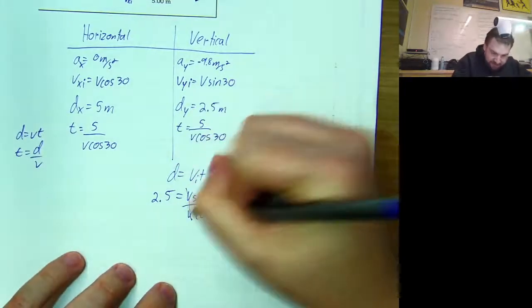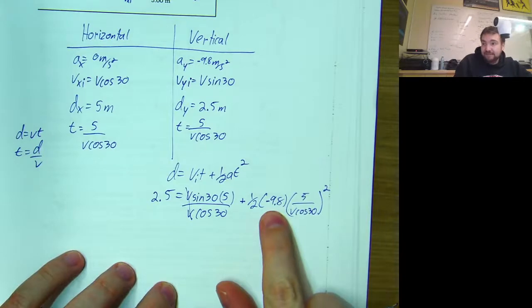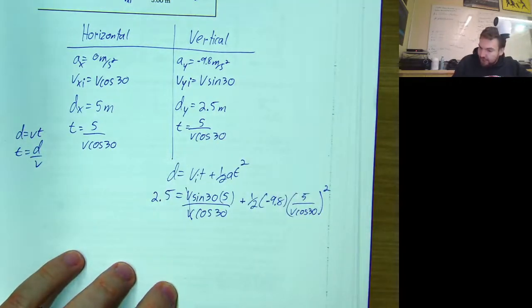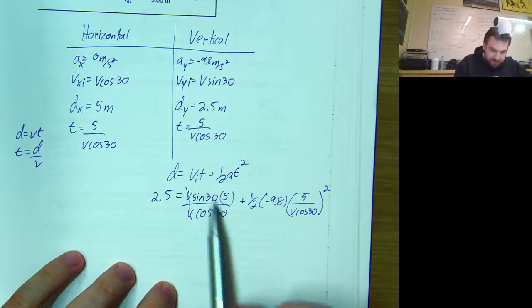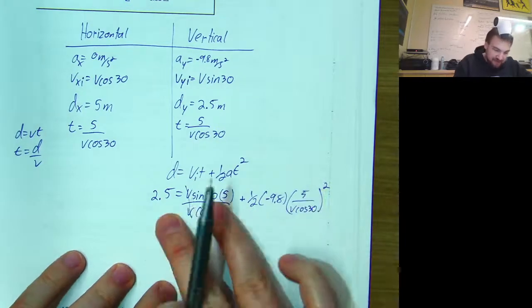My velocities here are going to cancel first. That's nice. And we're going to start to move stuff over right away. Actually, no, I'm not going to move it over. I'm going to move just this part over because we're solving for V, and the only term that has a V is here. So this is going to stay, and this is going to slide over.